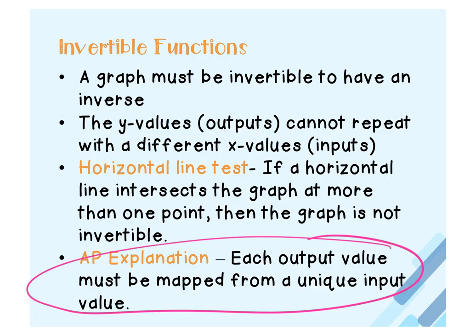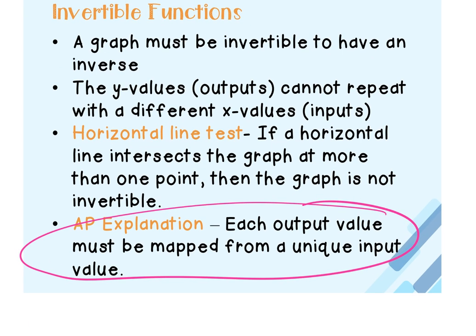If I were to say it is invertible, or it is one-to-one, or it does have an inverse, then I would say each output is mapped from a unique input value, okay? So if they're not, it fails, it can't be inverted. If it does, then you can have the inverse, and then typically you would find the inverse. So each output must be mapped from a unique input value.